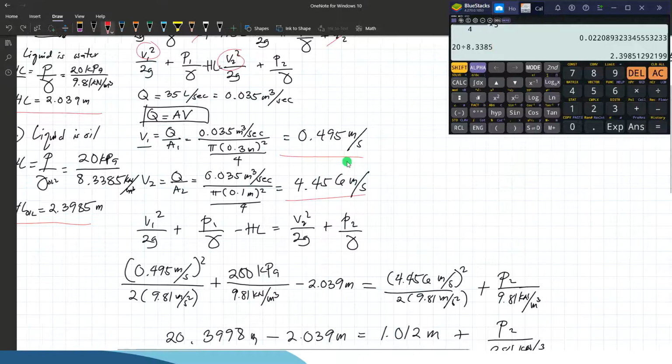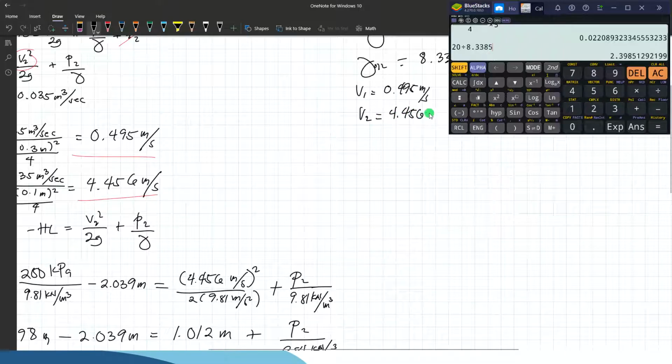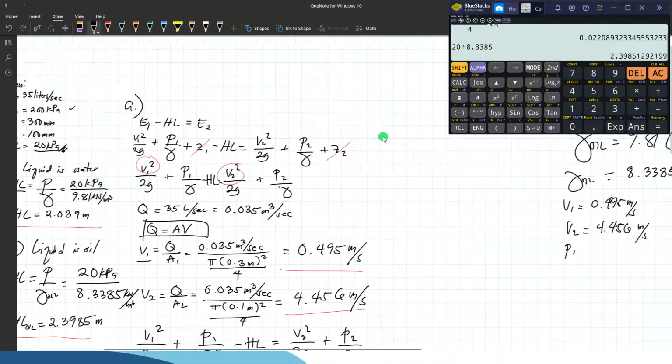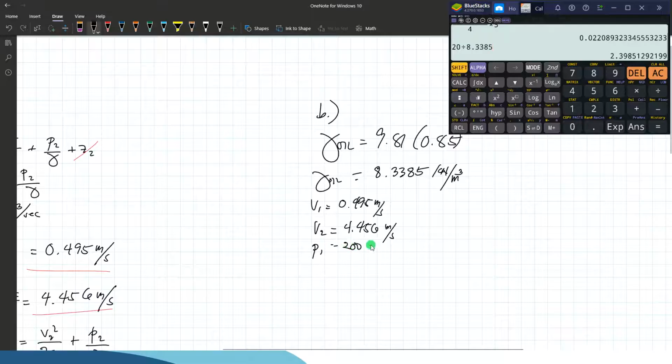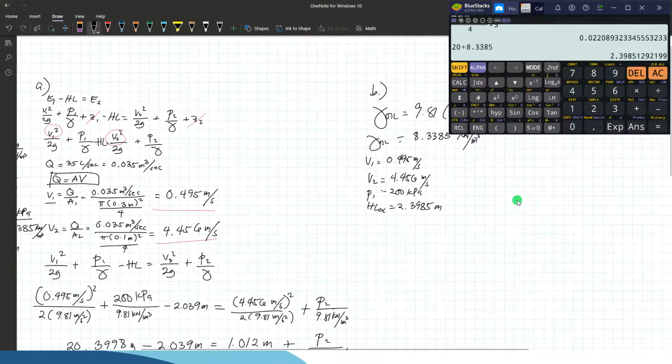So the velocities are the same, and we will not compute that. Let's just rewrite: 0.495 meters per second, and the velocity 2 is 4.456 meters per second. The pressure at point 1 is the same as given, still 200 kilopascal, and we have a head loss of oil, which is 2.3985 meters. So that's it.